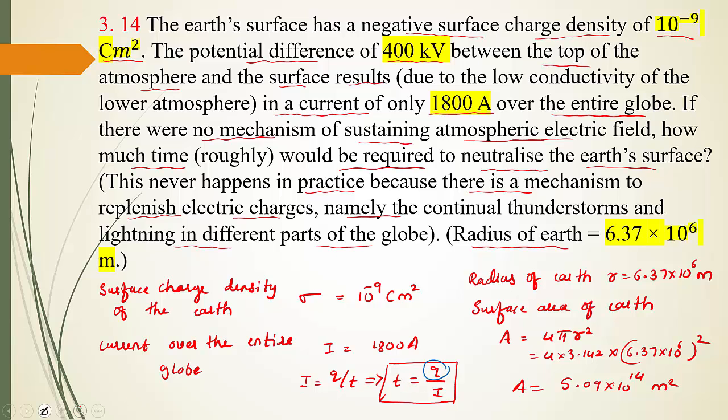Yes, we know the charge on the Earth surface. Charge is denoted by Q. On the Earth surface, we can take the surface charge density of the Earth, sigma, into its surface area. That gives the charge present on the Earth surface.